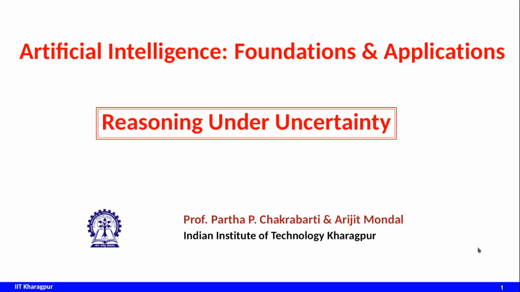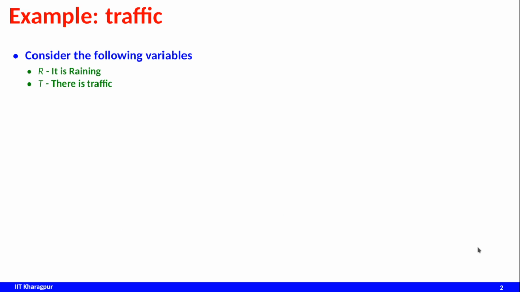We will look more into that part today as well. Just to start with, in the last lecture we saw that given the belief network, we can find out the probabilities.